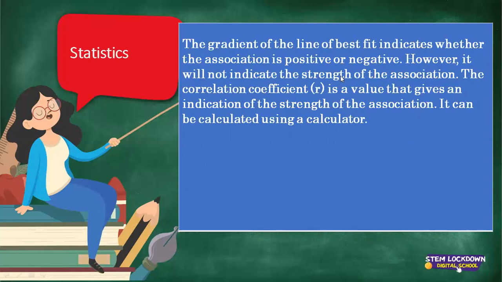The gradient is not enough and will not give us enough information on the strength of the relationship. So what we do is calculate the correlation coefficient, R, with our calculator.